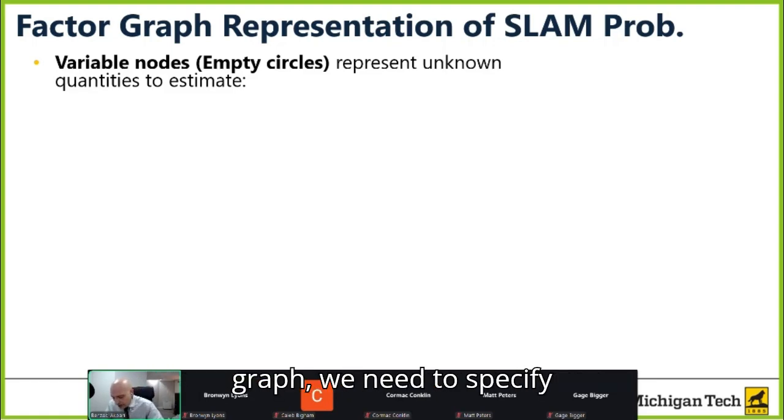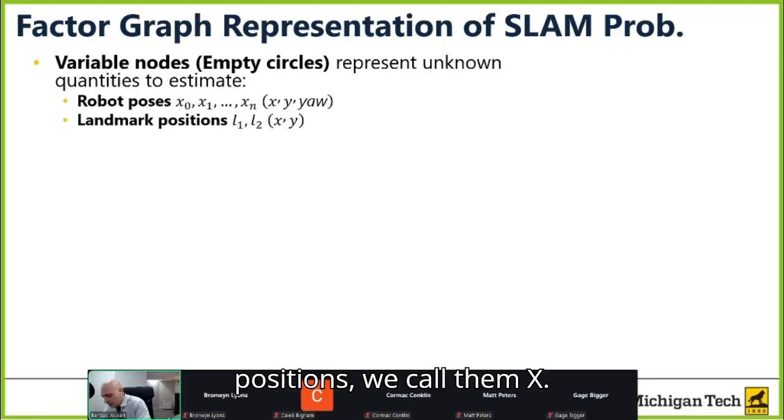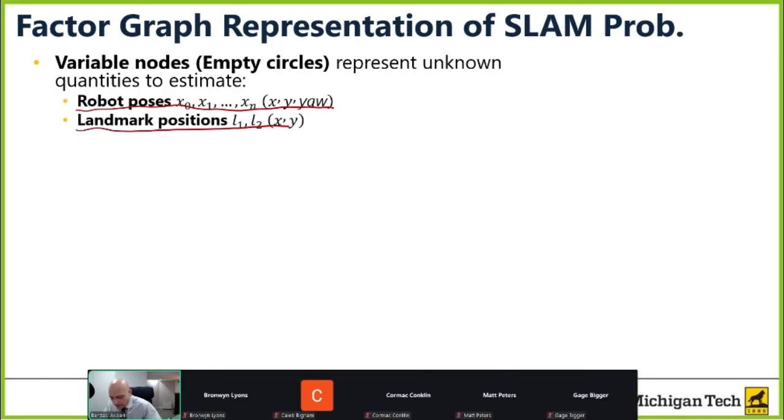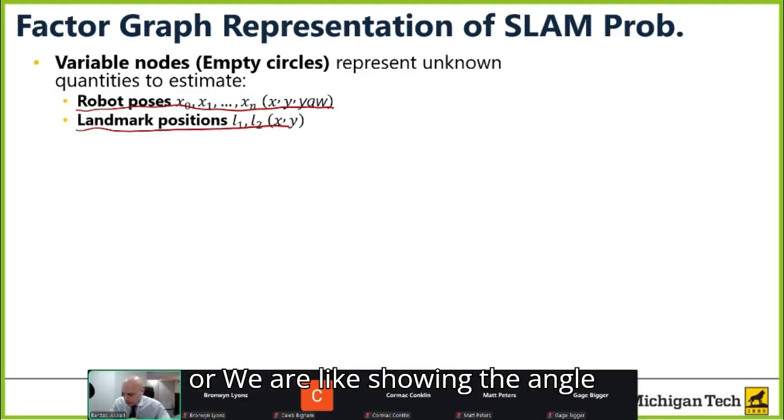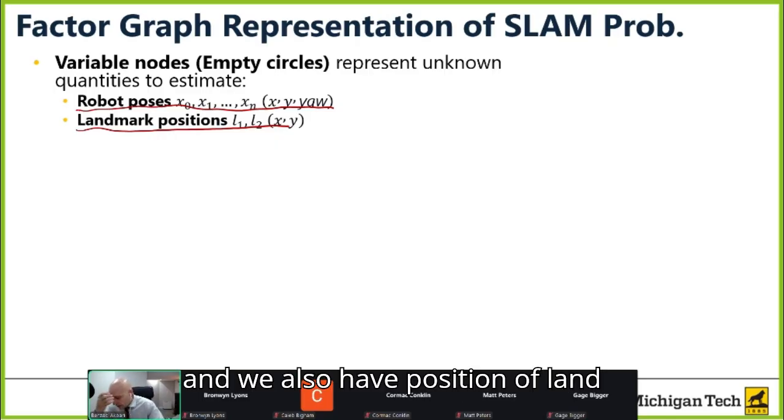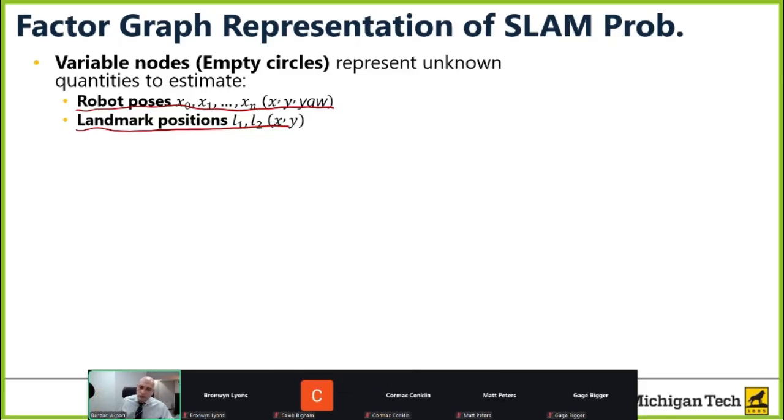In a factor graph, we need to specify positions, which we call x, and landmarks, which we call L. Positions are x and y and also theta or yaw, showing the angle. We also have the positions of landmarks. These are the unknown values.